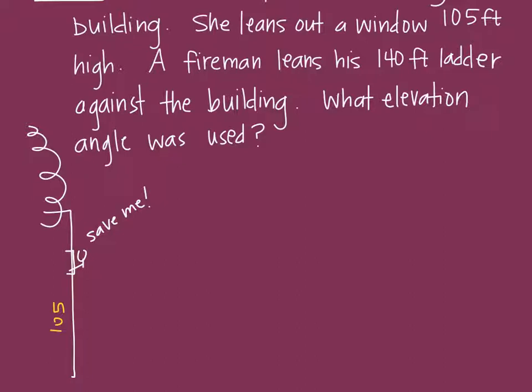And we can picture this as a right triangle. The ladder that the fireman is using to reach her is 140 feet. And so then the question is, what's the angle of elevation?